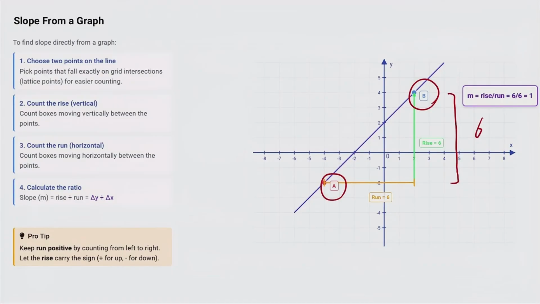It means that I have 6 as rise. And after that, you have to count the run. Run is the x-axis. And from here to here, I do have 6. So that's simple. The delta y, or rise over run, is 6 divided by 6. It is 1. That is how I can find my slope itself.